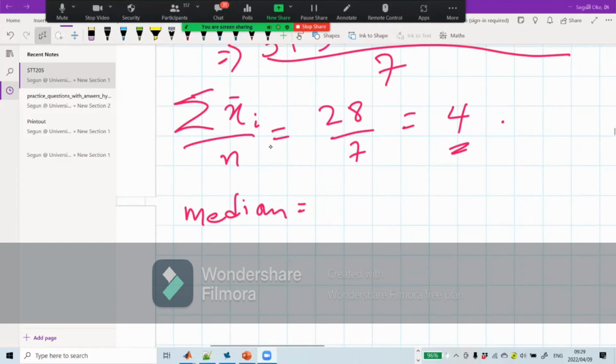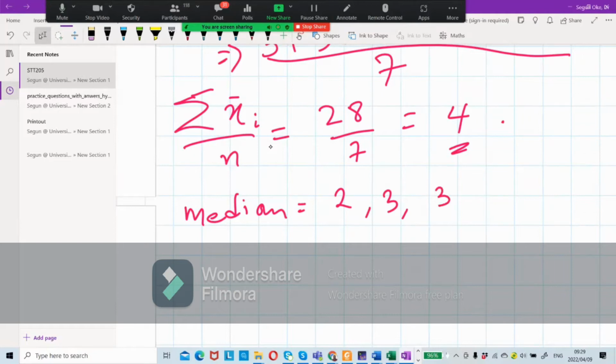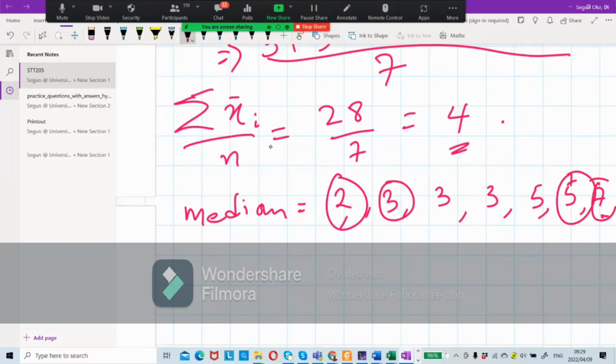So let's start with the small one, which is 2, 3, 3, 3, 5, 5, and 7. So which one is the middle one? 3. We have 1 here, we have another one here. The median is 3. Is 3 middle? Is it 3 and 5? It's just 3. That's the answer.